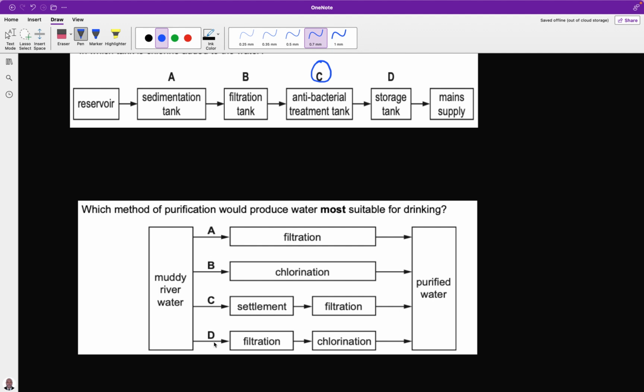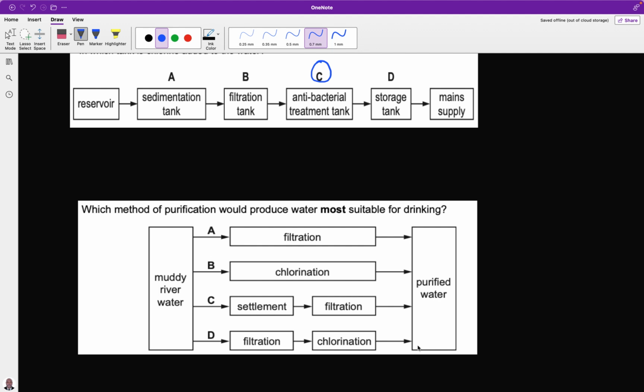Then method D, you have filtered everything, removed all the big particles, the larger particles, leaves, larger sizes of rocks, and finally the smaller sizes of rock using bed sand. Then the water settles in the treatment tank, and you use a disinfectant such as chlorine to chlorinate it and kill the microorganism, and finally send it for drinking. So D is the most appropriate, the most suitable method for treatment.